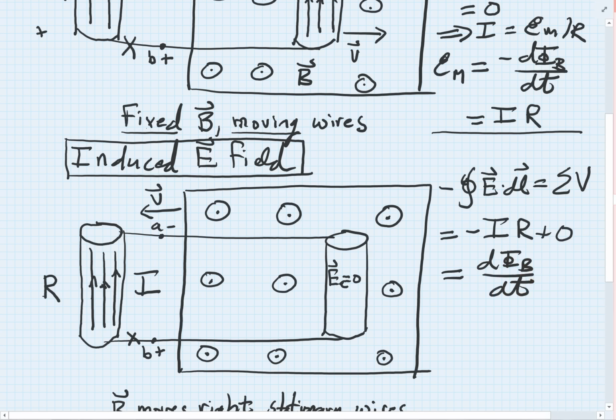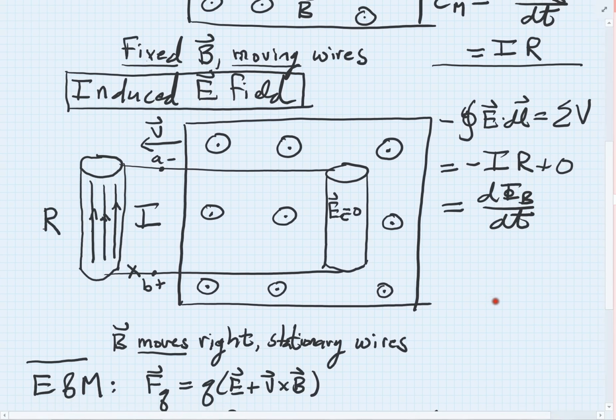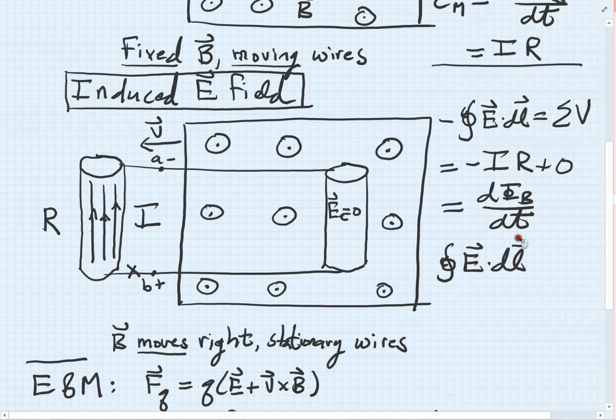And so now we see that in the case of a stationary loop and a changing magnetic field, we have a very interesting situation where the integral of E dot dl around my pathway, for the two situations to be completely equivalent, has to equal minus the time derivative of the magnetic flux through my loop.